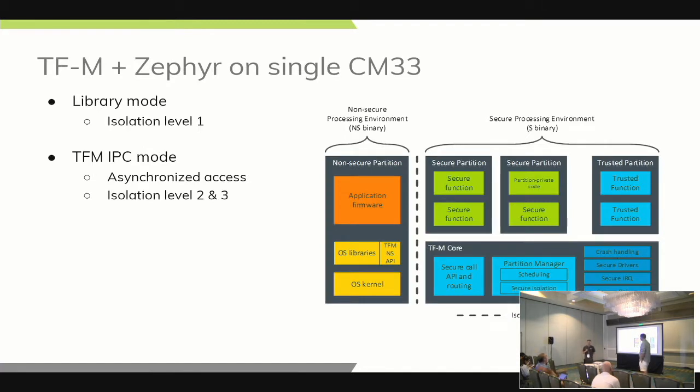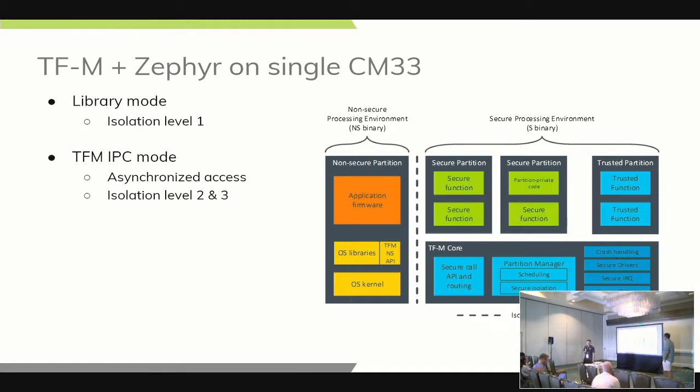TF-M started from a single v8-M processor, and it separated into SP and NSP, which is the officially supported usage. Zephyr with TF-M on a single Cortex-M33 follows the same.